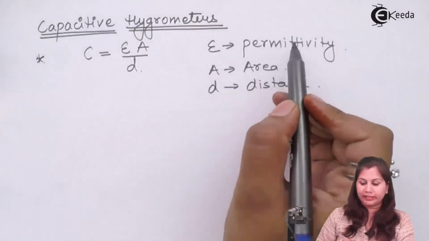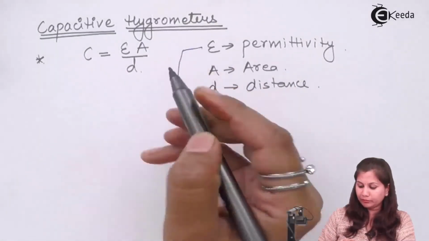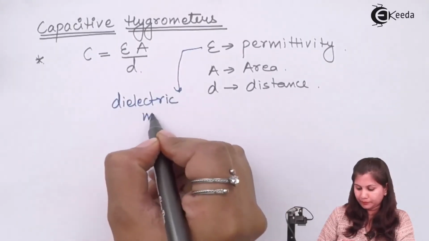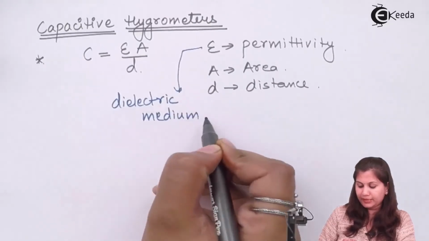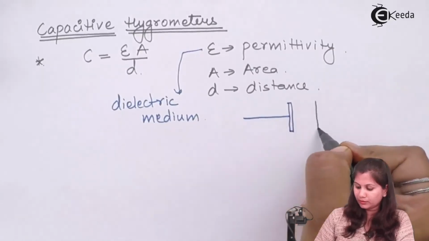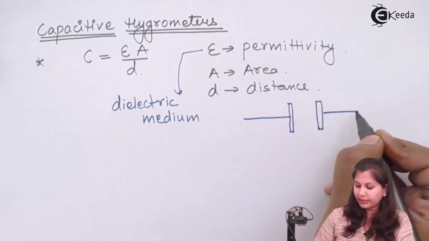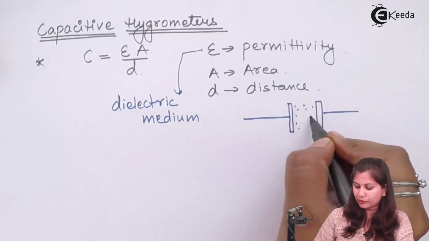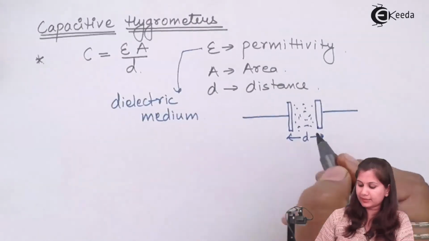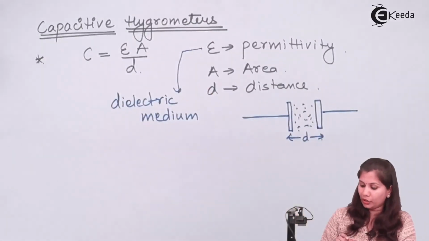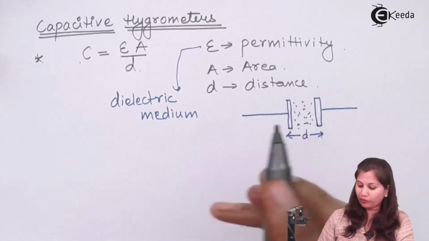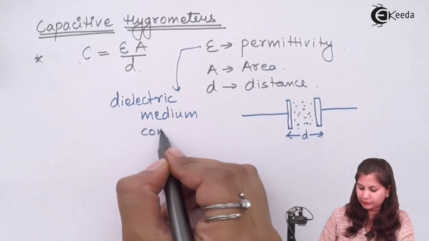This permittivity depends upon the dielectric medium used in the capacitor. A capacitor consists of two electrodes or plates, and in between them we have the dielectric medium. D is the distance between the plates and A is the cross-sectional area. So capacitance depends upon this dielectric medium, or the dielectric constant.